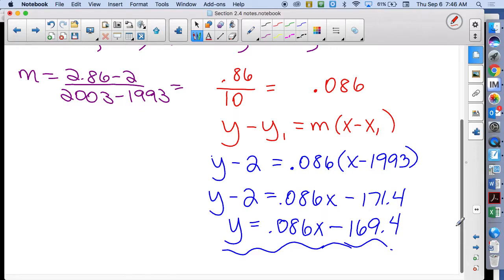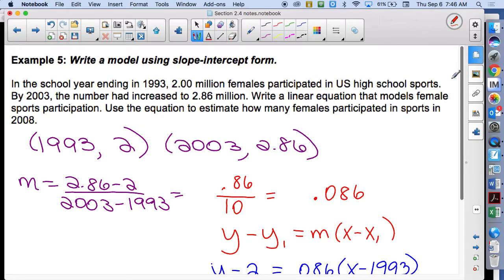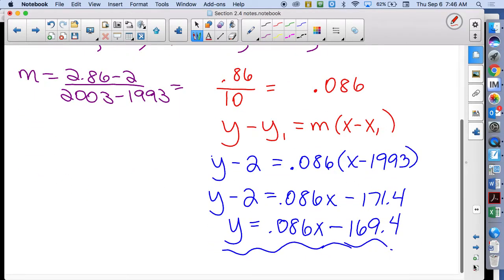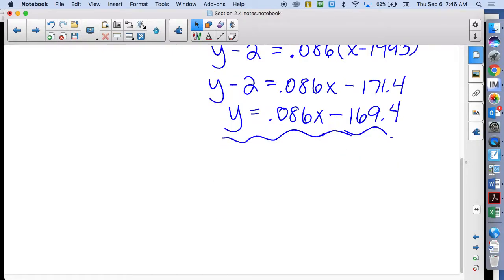Okay. So then the next part says, use the equation to estimate how many females participated in sports in 2008. So you have your equation. We've created a model. We want to know how many females participated in sports in 2008. So Brock, what do you think you would do there?